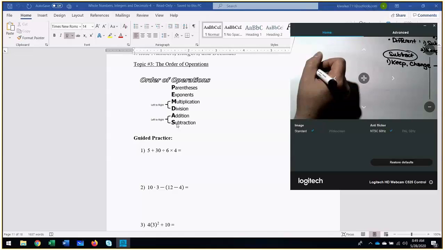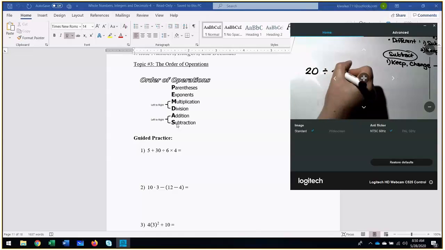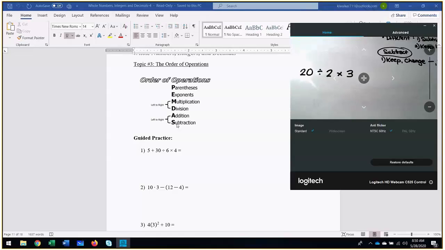If it was a problem like this, let's say it was 20 divided by 2 times 3. Some people, when they go through this, think that they always have to multiply before they divide, because that's how the steps are written usually.